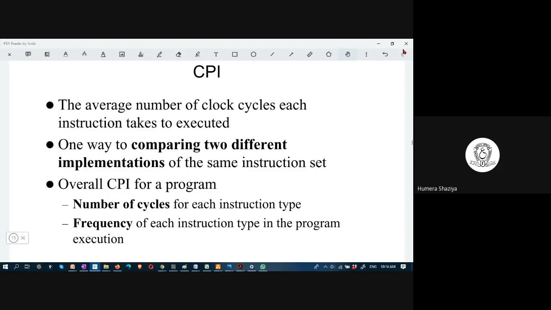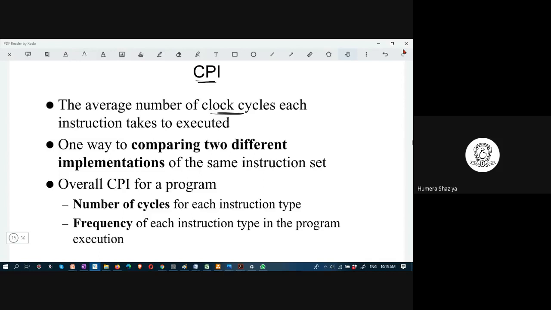CPI. CPI is cycles per instruction. The average number of clock cycles each instruction takes to execute. CPI is the average number of clock cycles each instruction takes to execute, and one way to compare two different implementations of the same instruction set.